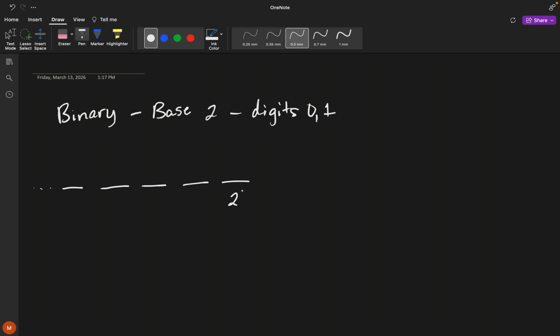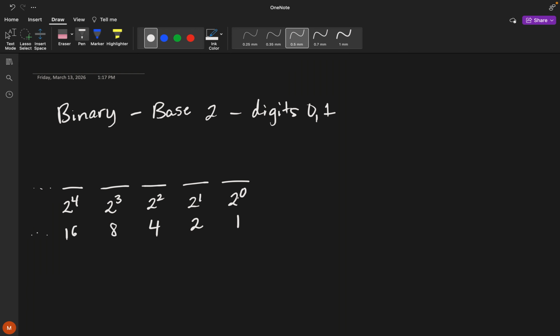Base 2, and again we start with the power of 0, and then we go up from there. 2 to the 0 power, like anything to the 0 power, is the ones place. And 2 to the first power is 2. 2 squared is 4. 2 cubed is 8. 2 to the fourth is 16, and so on.